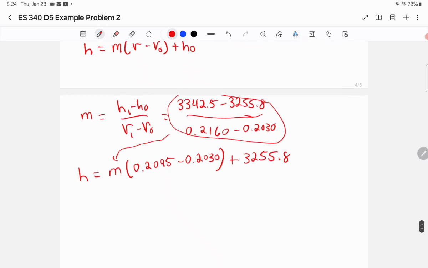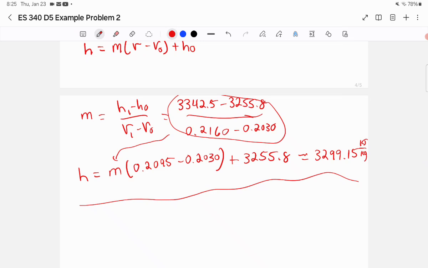Okay, so if I take that M, I multiply this thing out, what I find is that this value approximately comes out to be 3299.15 kilojoules per kilogram. Okay, so that's how we interpolate, and I just gave a couple of examples, also ones with quality and just reading off the table. Hope that helps. See you again next time.